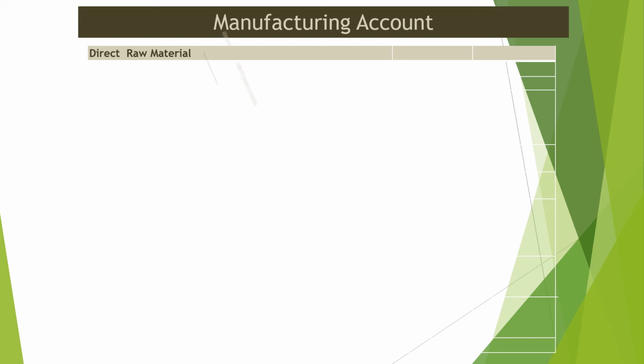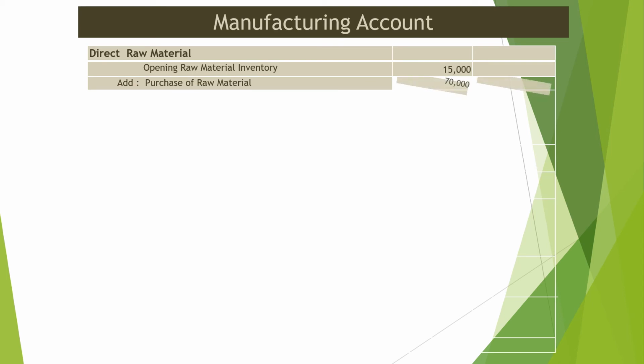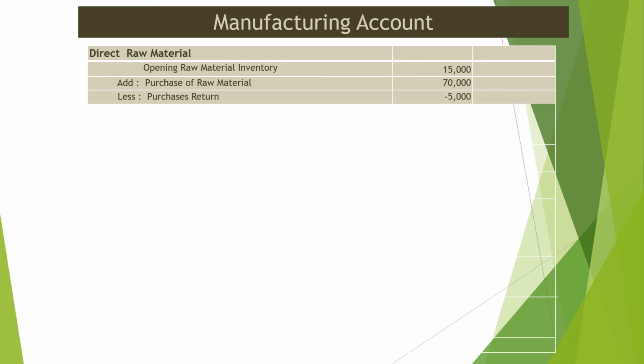Here it is. We take the opening raw material inventory. We then add the purchases during the period. Purchase returns will be deducted.